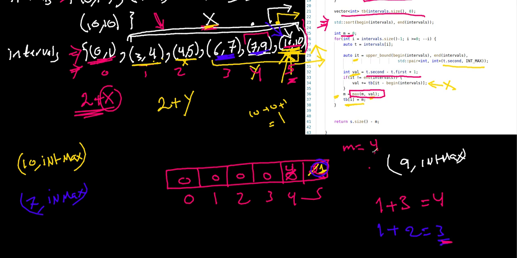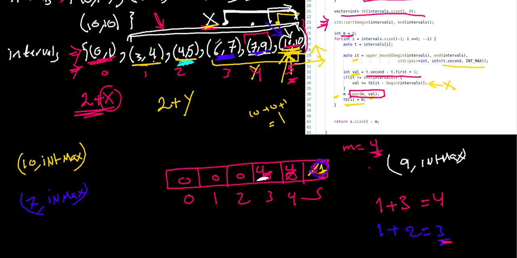So of 3 and 4, 4 is the max, so we store 4 here, and 4 means from this index up to the end, the longest number of characters we can cover by these 3 intervals without having 2 of them overlap is 4.